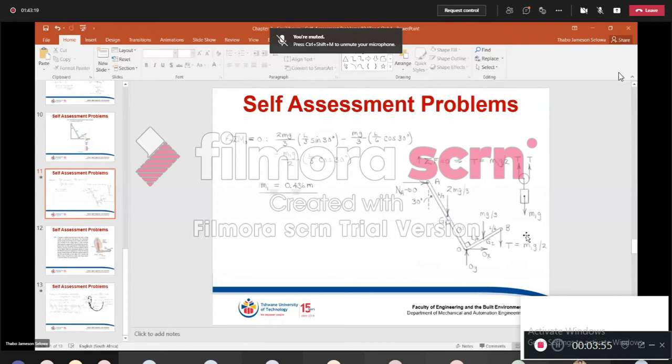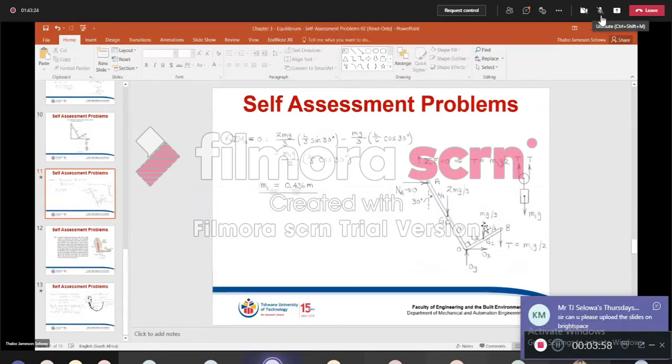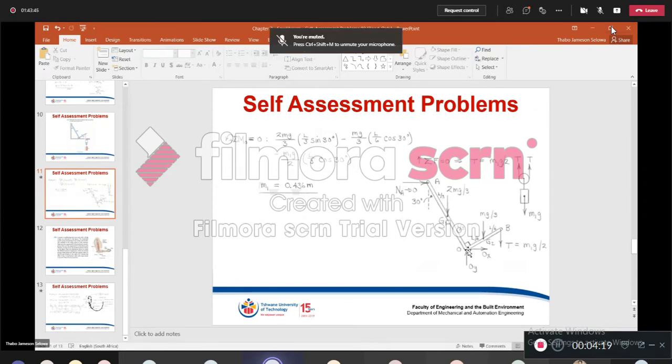Oh, okay, all right. Once you are done with this, you can straight away take moments at this point. They've taken anti-clockwise as positive. This one is sitting at an angle, so the angle there is 30, and we'll also get 30 around here.